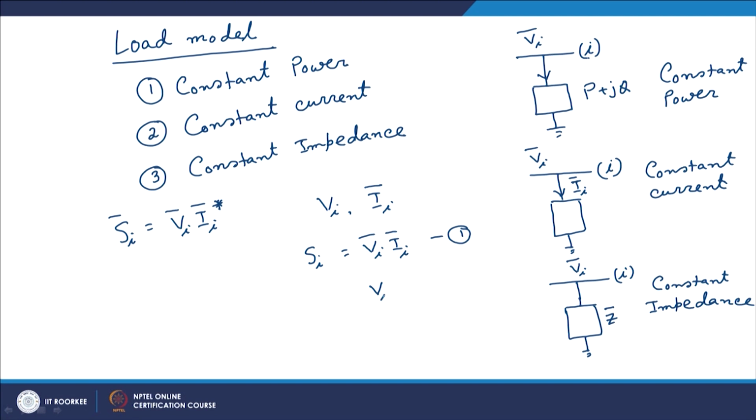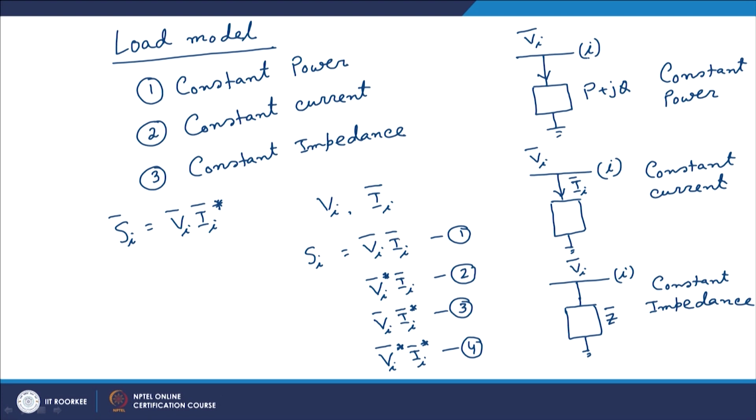The second option is Vi star into Ii. This is option 2. The third option is Vi into Ii star, option 3, and the fourth option is Vi star into Ii star.